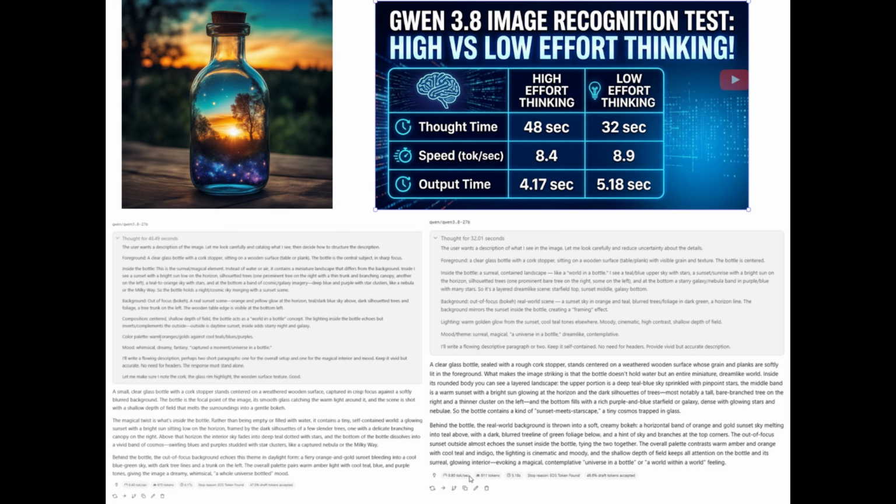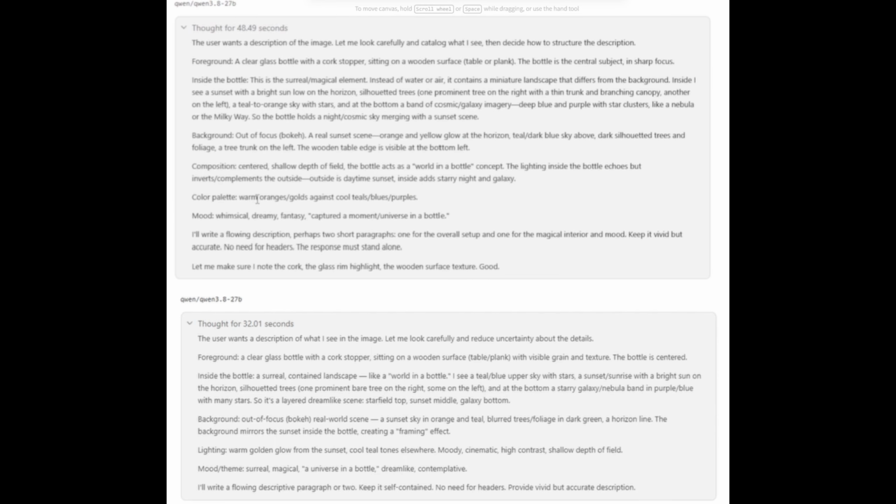It's very close, so we don't lose very much in visual recognition. It skips some little steps like the color palette that it analyzes with more thinking, and the structure. In extra thinking, it thinks about how to structure the text that it will output.